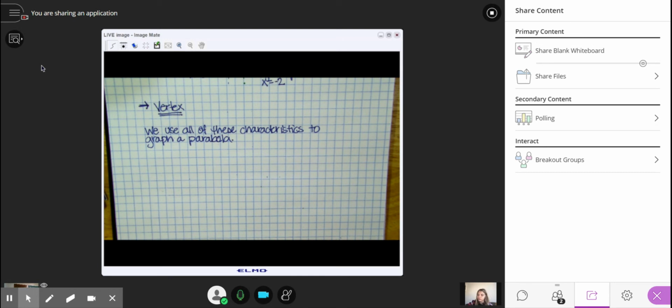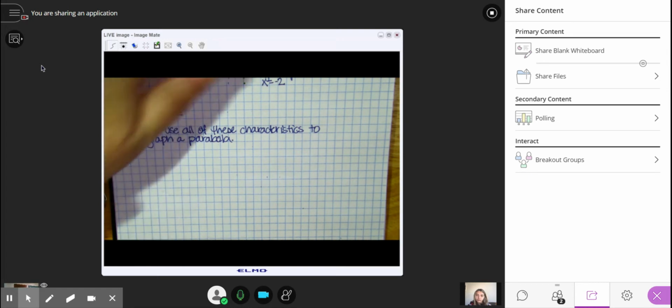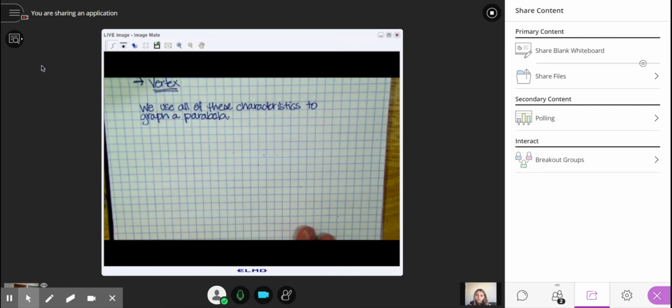Now, I know this is going to seem a little bit crazy, but this does work out faster than creating a table. It seems like more work, but once you recognize the characteristics, it's much faster to graph.